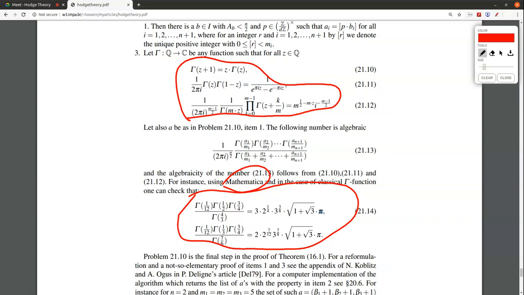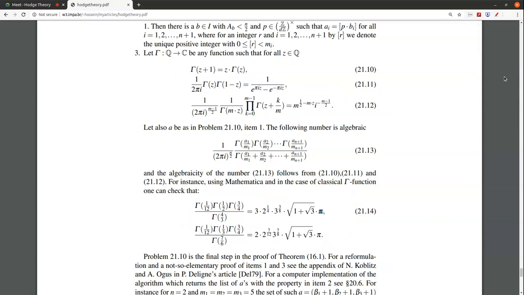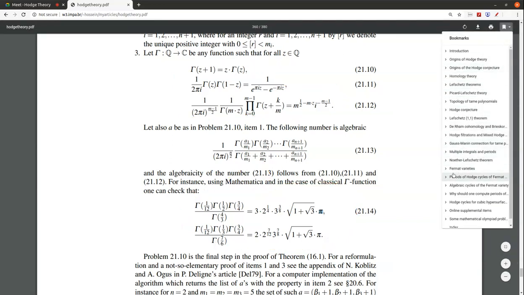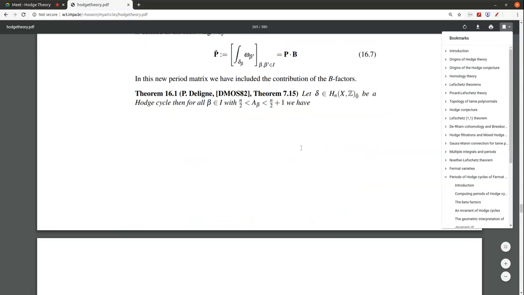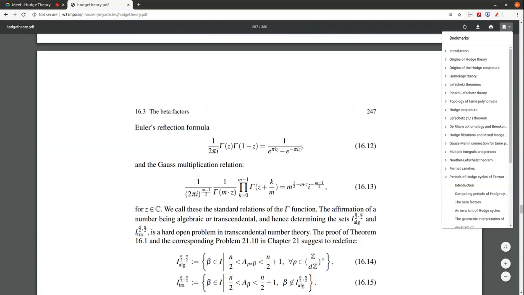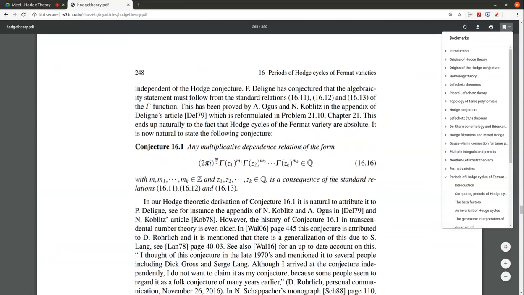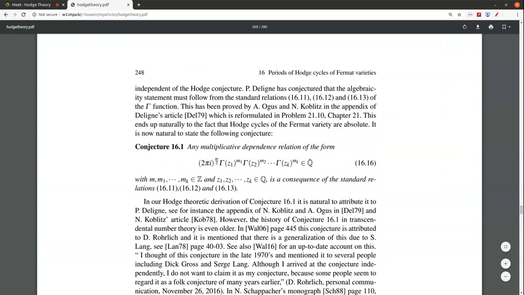Okay, before finishing the proof, maybe I can mention this very nice conjecture due to a few people, including Deligne. Let me talk about this conjecture.